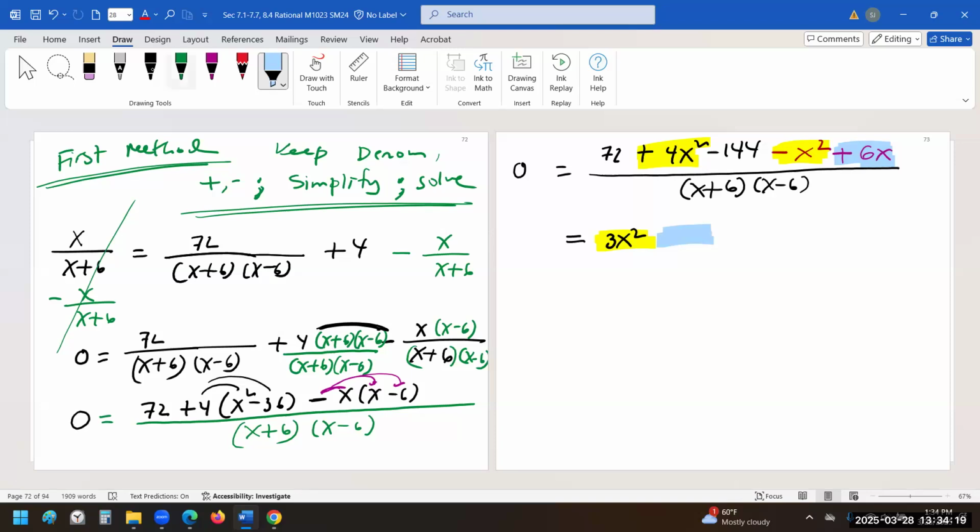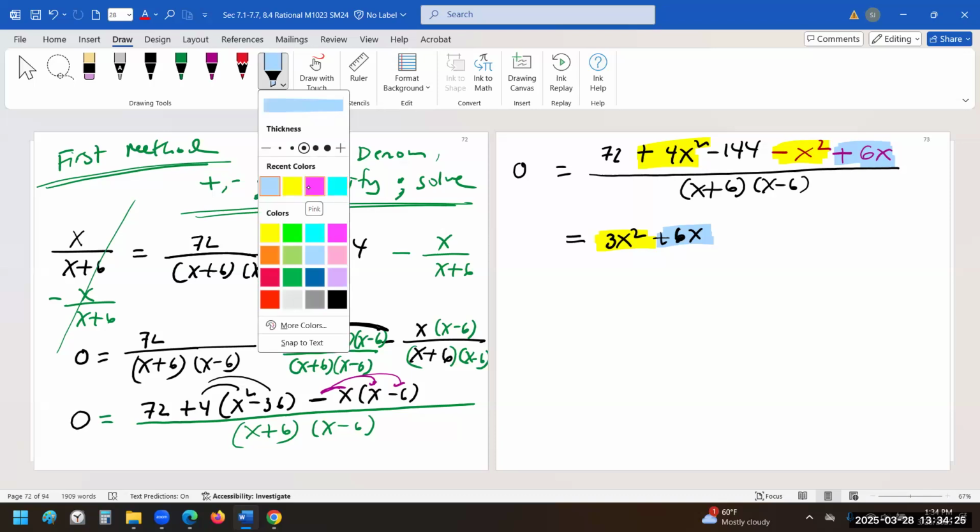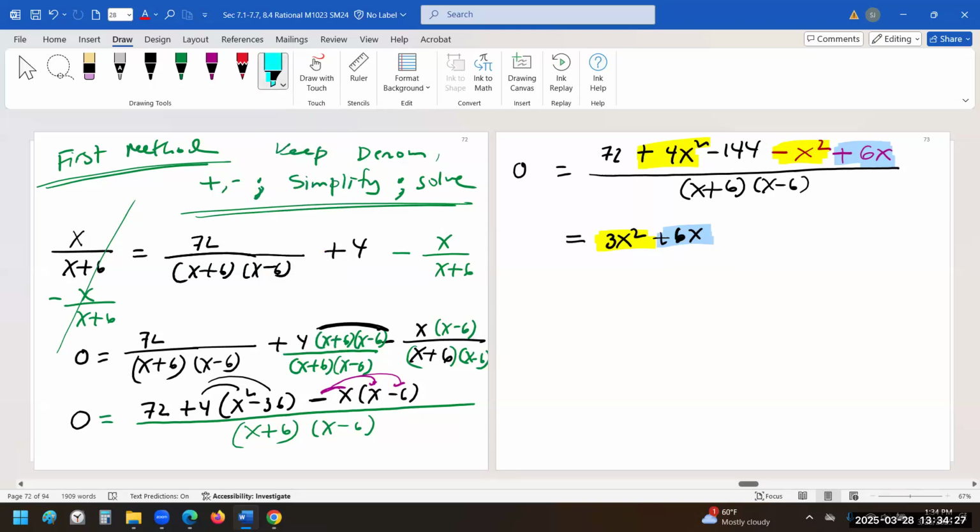We're supposed to have plus 6x. And then at the end we have plus 72 minus 144. So when you combine, negative 72. I still have my denominator, which I still want to keep.